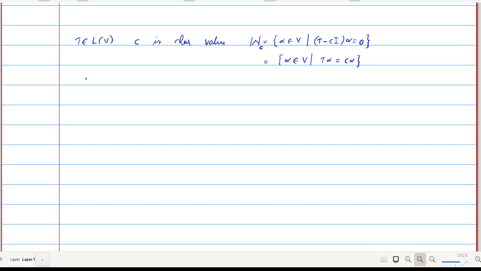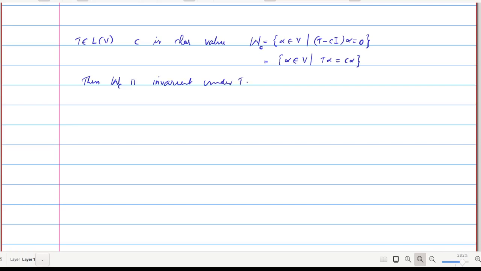Then we write this WC is invariant under T. Okay, so how will you prove that?